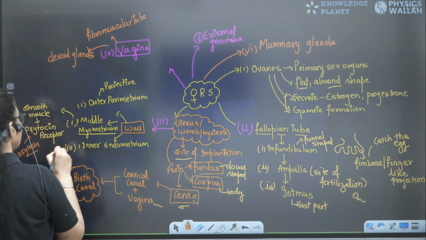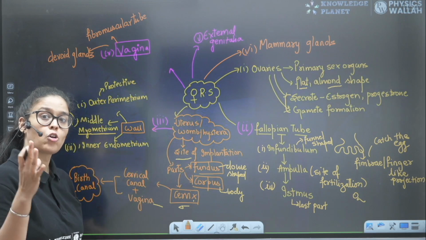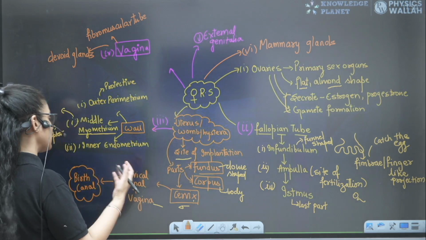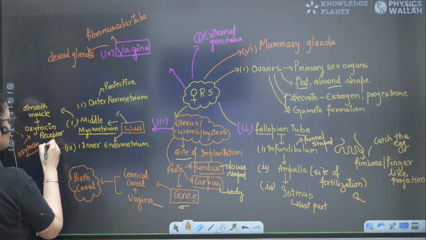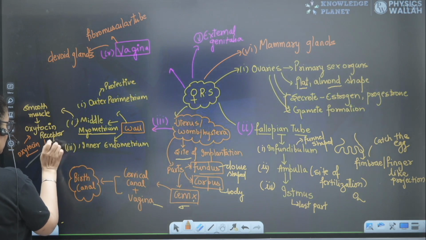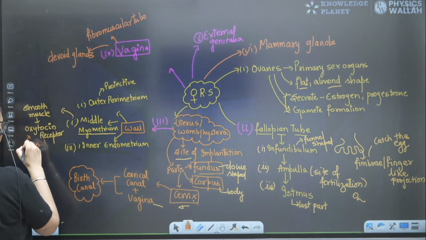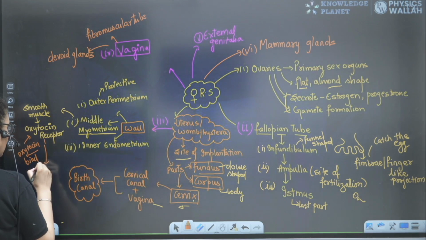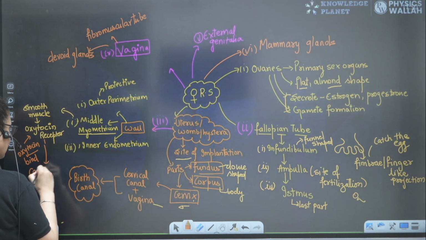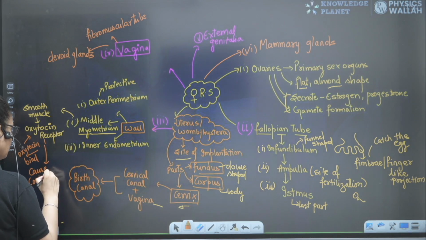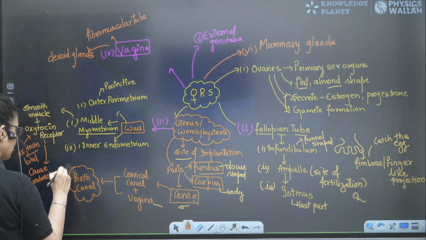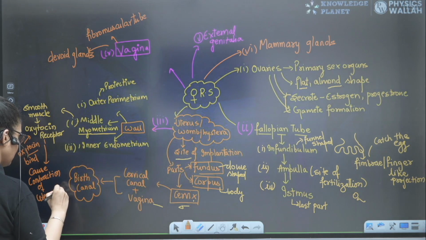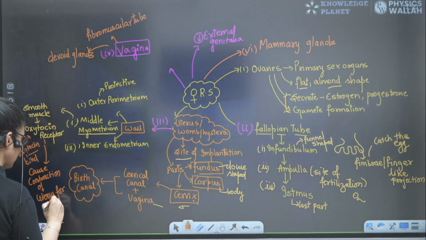It will cause contraction in the muscle, cause delivery, right? So oxytocin will bind on the oxytocin receptor and cause contraction of the uterine muscle, contraction of the uterus for delivery. That is required during delivery.